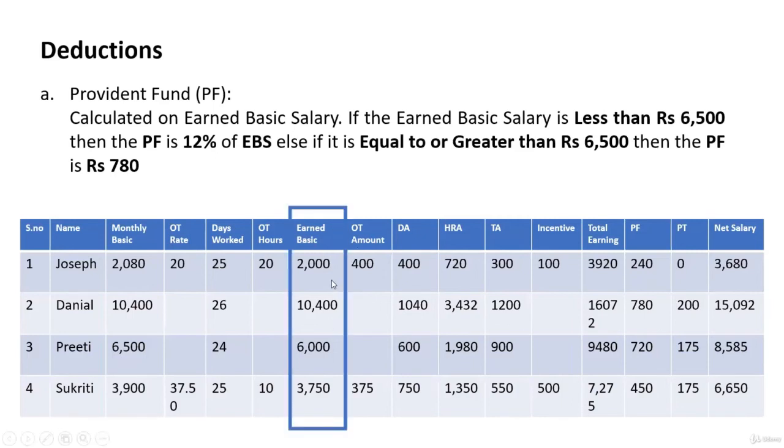If the earned basic salary is less than 6,500, as it is here, then the PF will be calculated as 12% of the earned basic salary. So 12% will be calculated on 2,000 rupees and your PF amount will become 240 rupees. Like this, if your earned basic salary is greater than 6,500 rupees, then your PF will be 780 rupees.